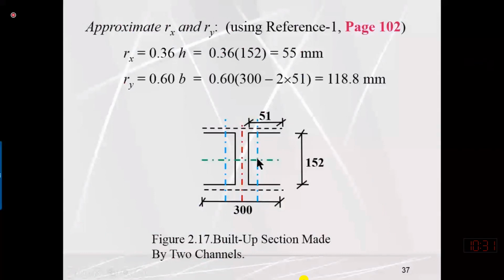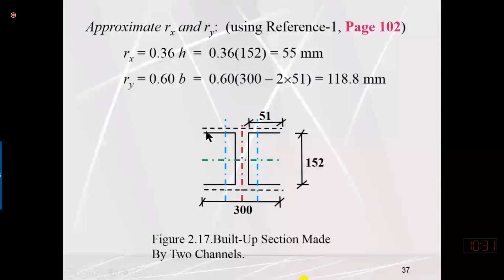You can use many ways. I may use the distance from the centroid of the single channel to this web, which is x. This is the x centroid, and then I need half of the spacing. For example, the total width is 300.